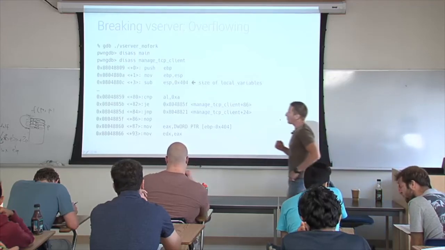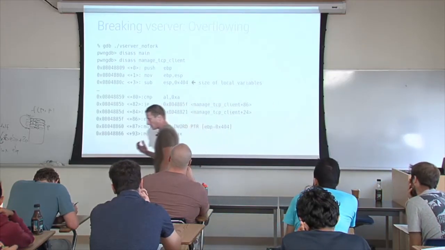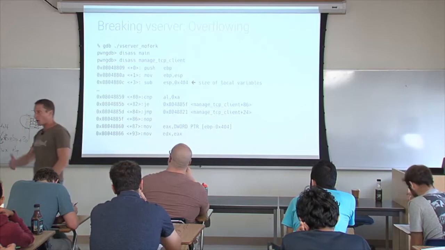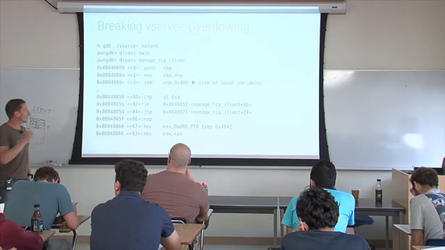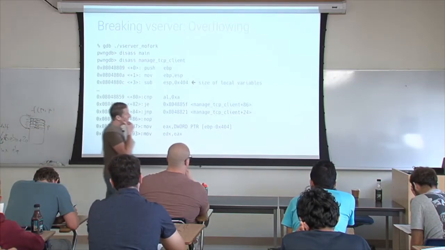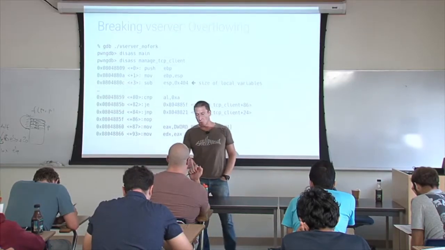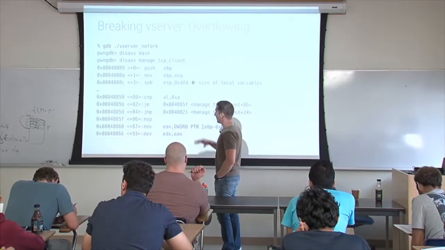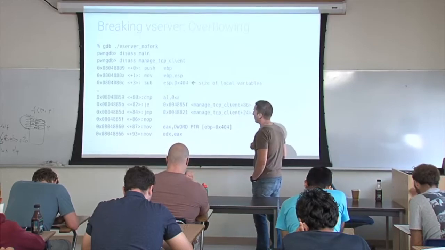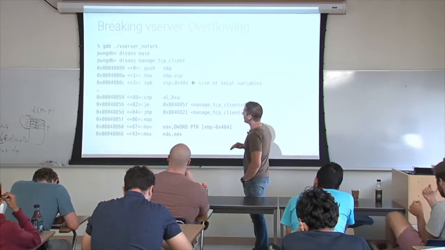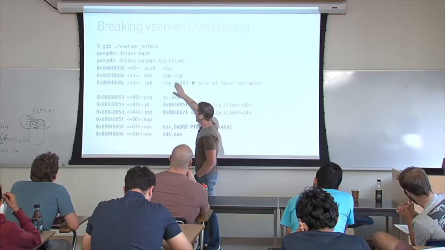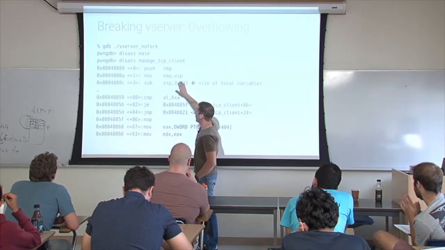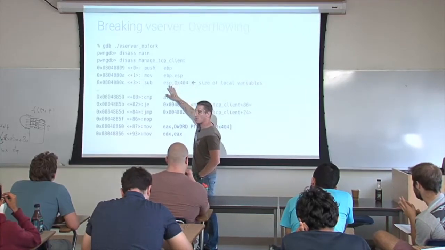So we have our non-forking server, and it's awesome because every time we execute the program, it's just one run. There are no children being forked. You will see that the numbers in your binary are slightly different, but the concept is more or less the same. At the very beginning, one thing you usually look for is the stack adjustment.